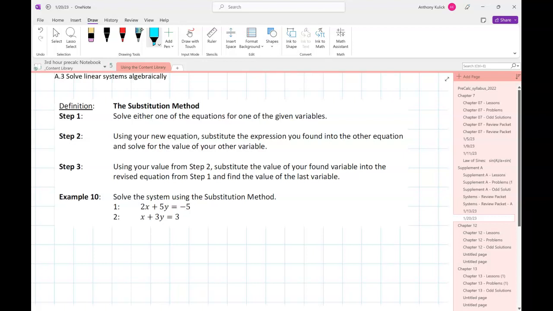My goal when choosing is I don't want to have any fractions. My goal is I want a problem where getting a variable by itself, I don't have to do any dividing. Or if I do have to do any dividing, the division isn't going to result in a fraction.